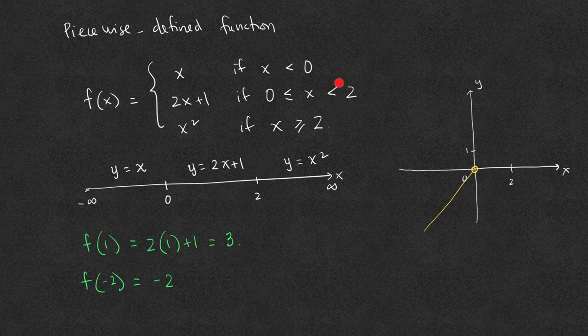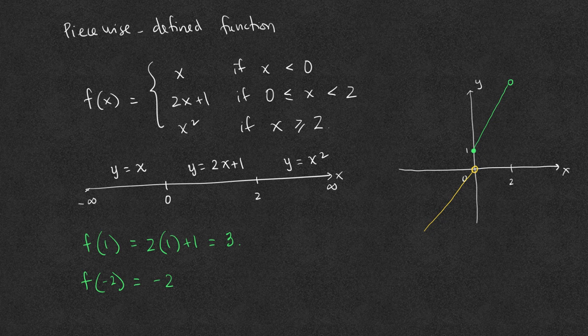So if we pretend to plug 2 in there, we're not supposed to, we see that 2x plus 1, when x is almost 2, is almost 2 times 2 plus 1, which is almost 5. And so we would have another point, but again, 2 is not included in the domain, and so we would have to use an open circle. 0 is included in the second formula, so we would use the filled-in circle. And this is a line, so we would simply connect the 2 points to form the line, which is the graph of the second piece.